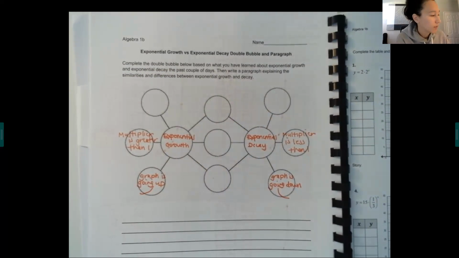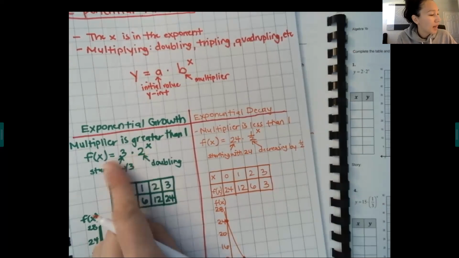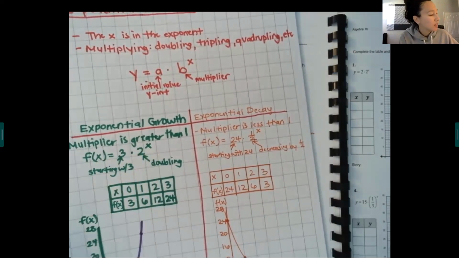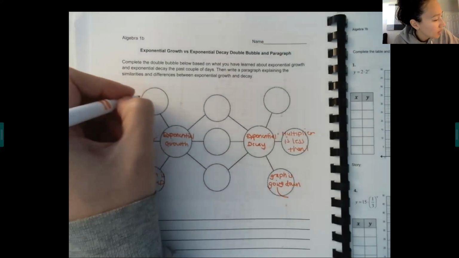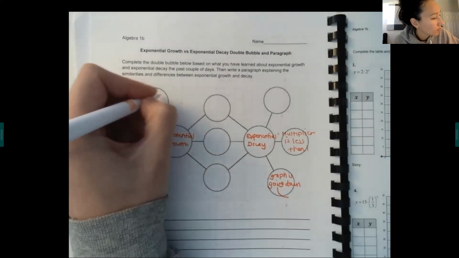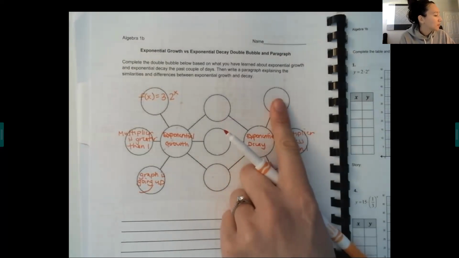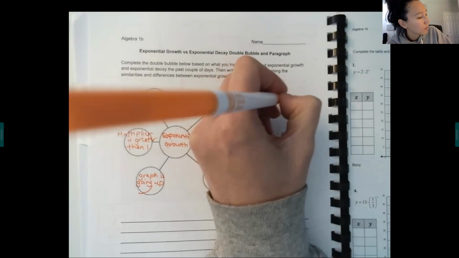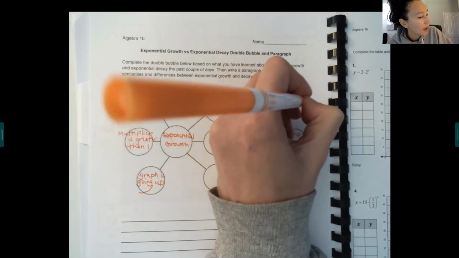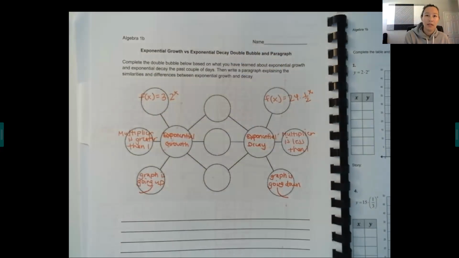And if you don't have the notes, it's probably harder to do this. Then we could just write an example like f of x equals 3 times 2 to the x. That would be exponential growth. And then our exponential decay, which is f of x equals 24 times 1/2 to the x. Just give an example.